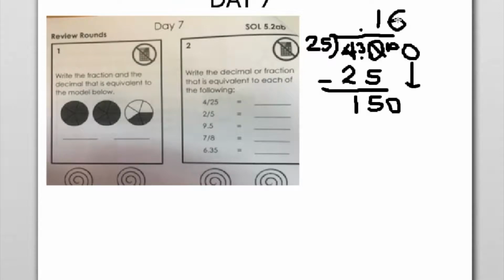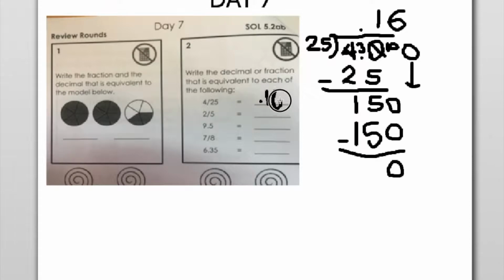So 6 times 25 is 150. So when I subtract here, 150 minus 150, I'm going to end up with 0, which means my division problem is done. And my first answer is 0.16, or 16/100.